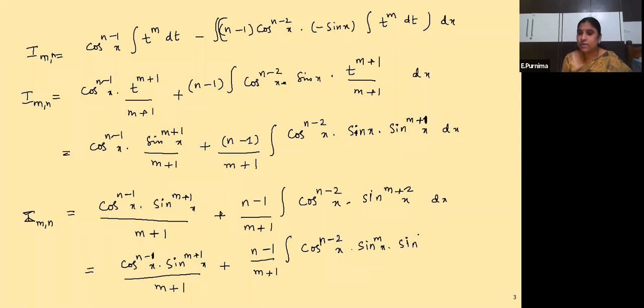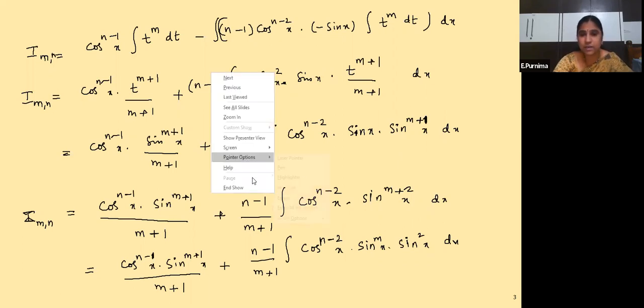Because sin square x we can write as 1 minus cos square x, no. So that's why I am splitting them. Let us write that function again in the next slide. Let us move on to the next slide, children.